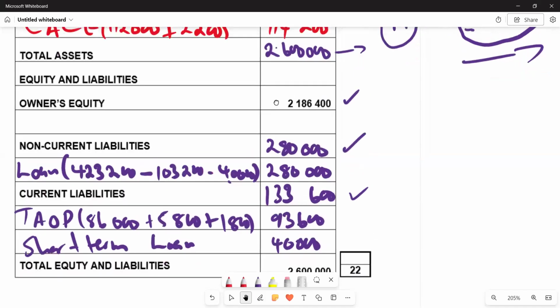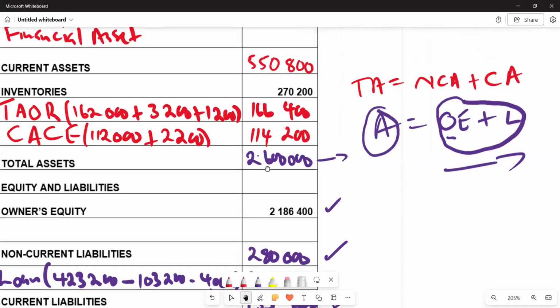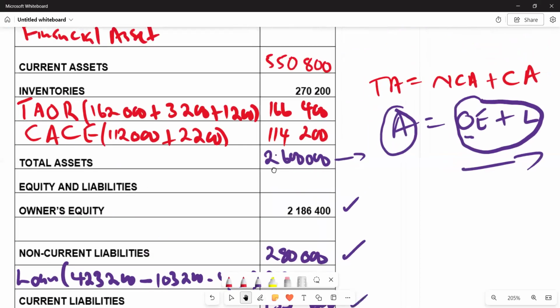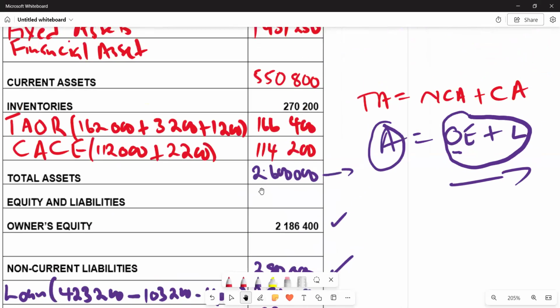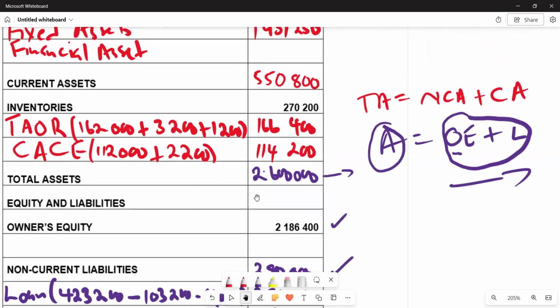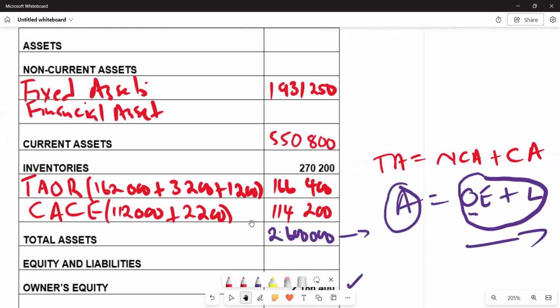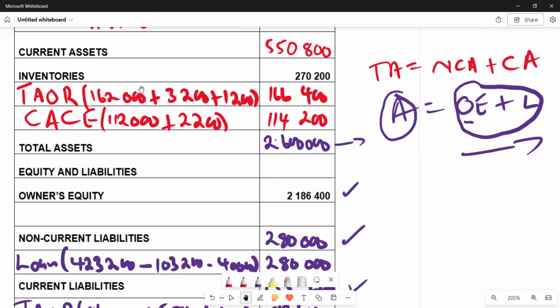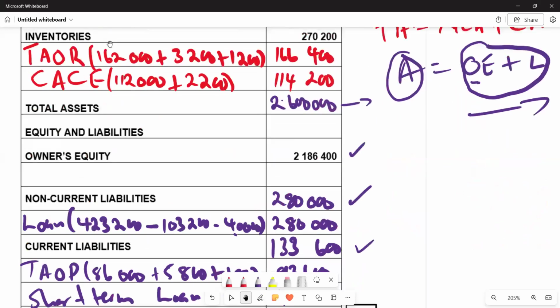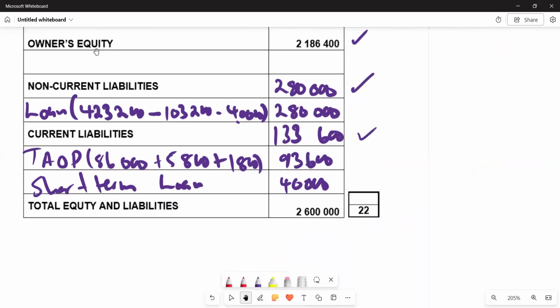So having done this, remember we still have a missing figure. We still have a missing figure here for financial asset. And we know that the balancing figure is 2,600,000. So this balancing figure should be the same as this one that we have here.